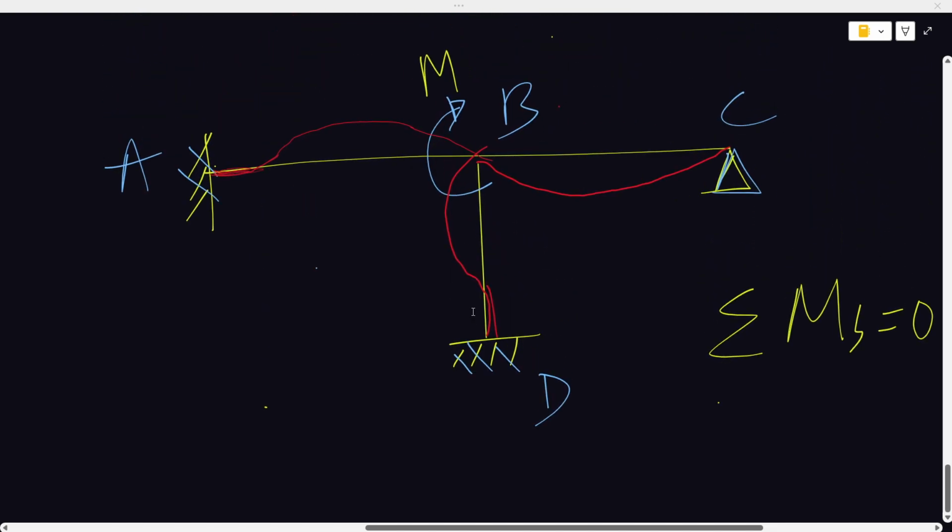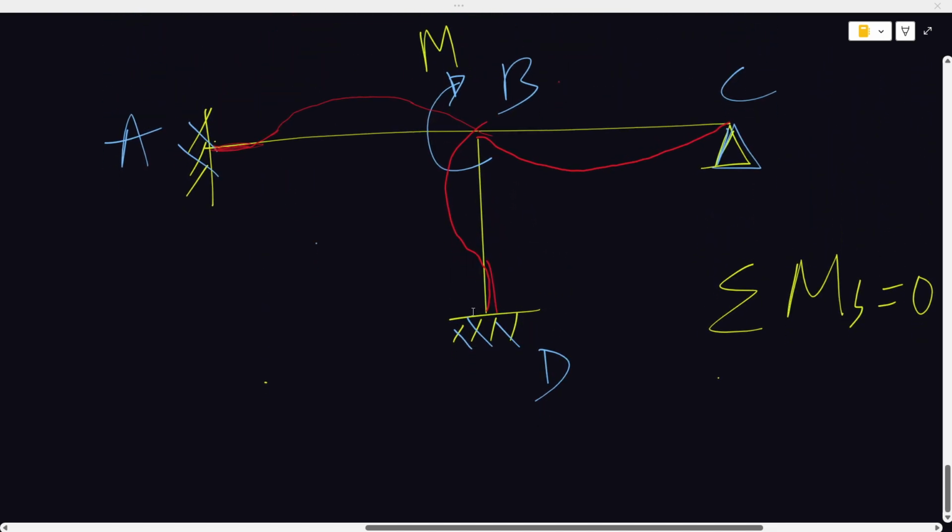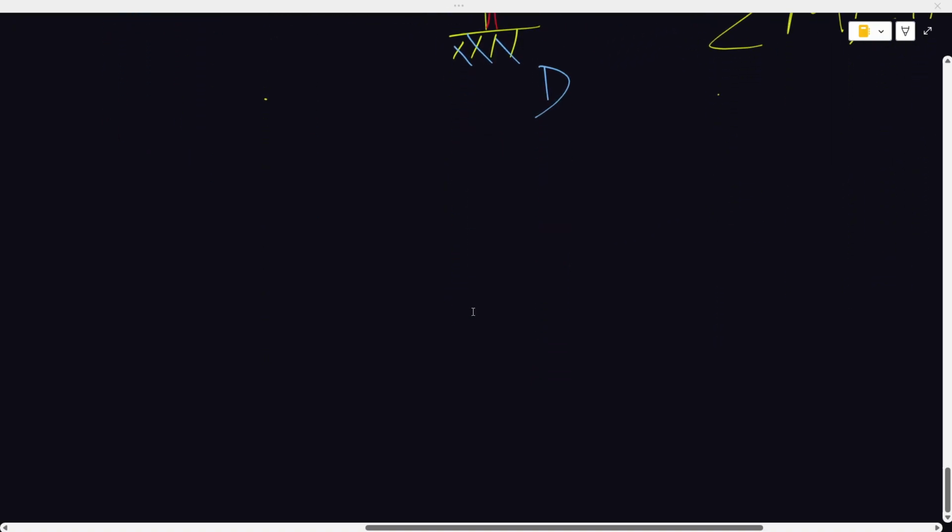Sorry about that break. So this is our structure, detached.